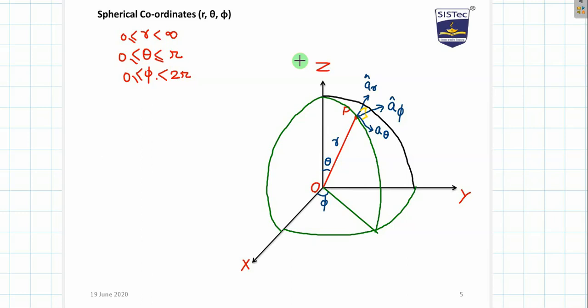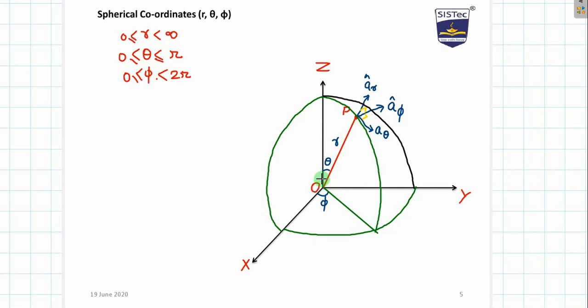Now, as we have resolved some vectors, or you can say the relationship between Cartesian and cylindrical, likewise we will resolve the relations here also. Now we can very easily see what this r vector will be.